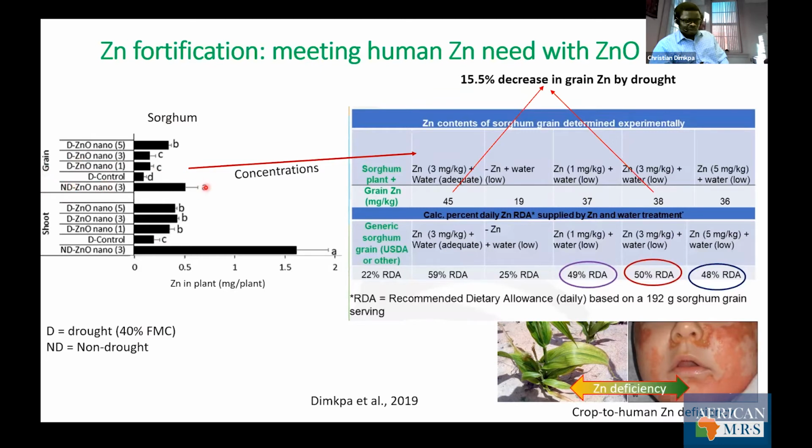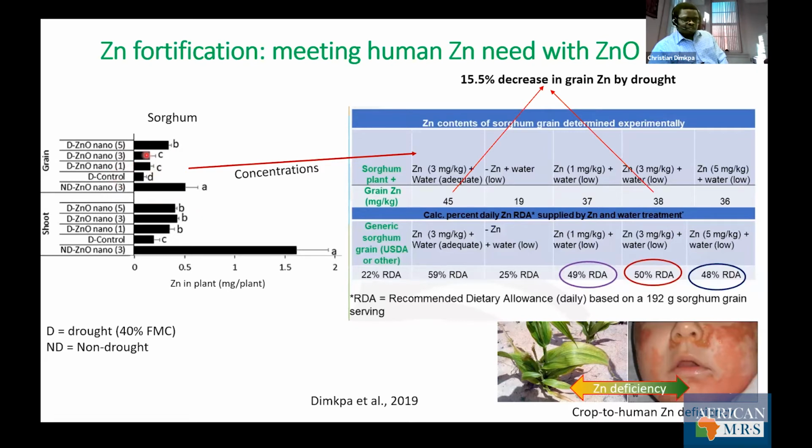You have higher zinc uptake in the grain. And with drought, the control, no zinc added, you have reduced zinc in the grain. And when you add your nano zinc at 1, 3, and 5 ppm, you have increased zinc, not quite as much as the non-drought condition, which has 3 ppm zinc, because drought is known to reduce nutrient mobility and therefore nutrient uptake.